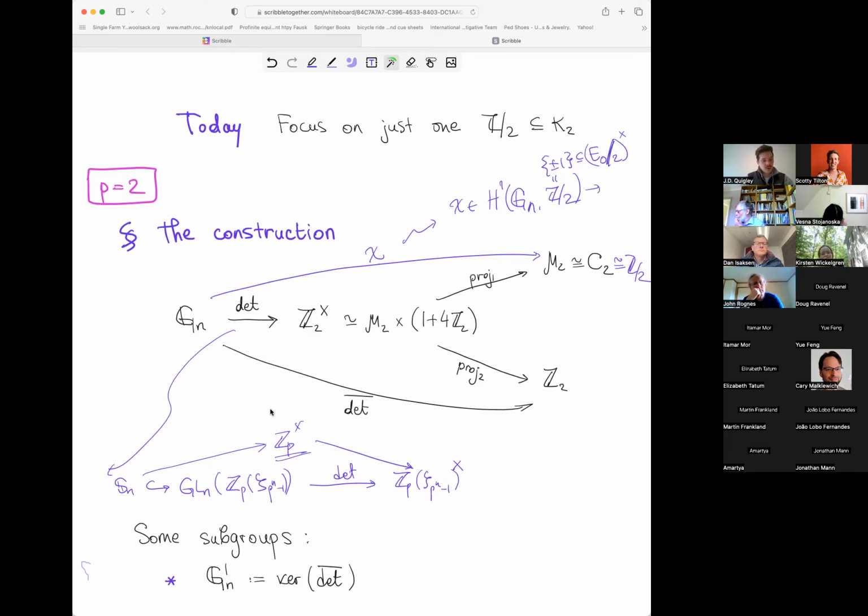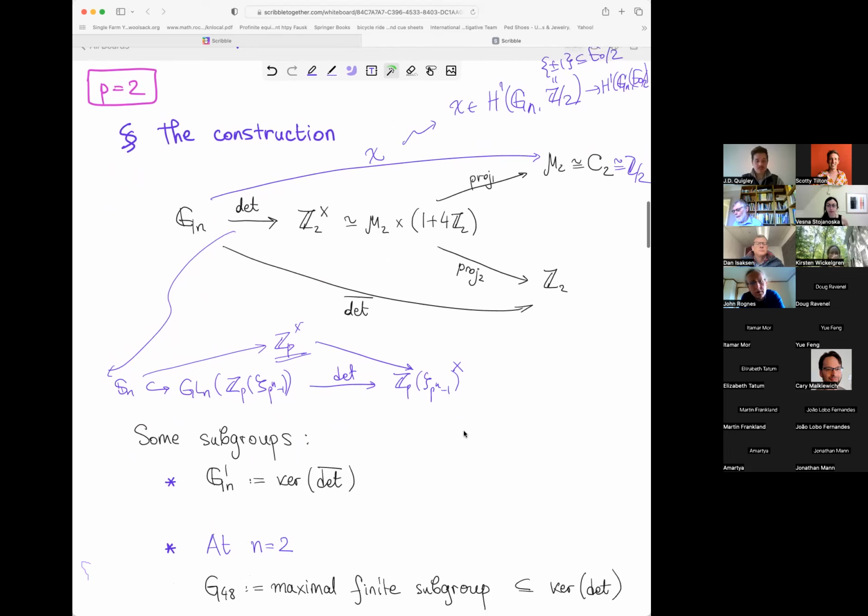So then I can map this to H1 of Gn with coefficients in E0 mod 2. No, I don't want to put in units here. I just want the plus minus 1 additively inside the mod 2 E0. Okay, so that is then some cohomology class that will show up in a little bit.